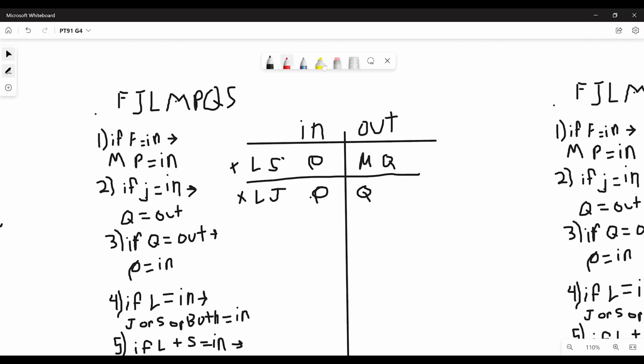Yes. Because it has to be paired with one of those two. So that means Q would have to be out, right? Especially in the J one, I know Q has to be out because J is in, right? Yeah. But if Q is out, then P has to be in.